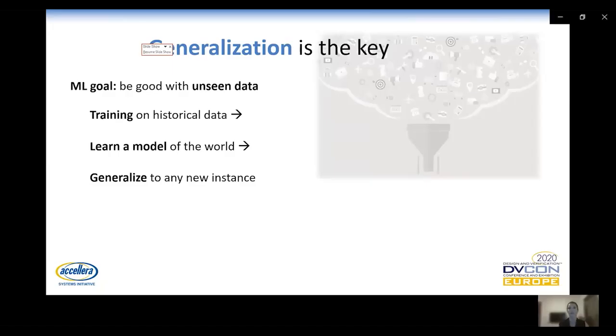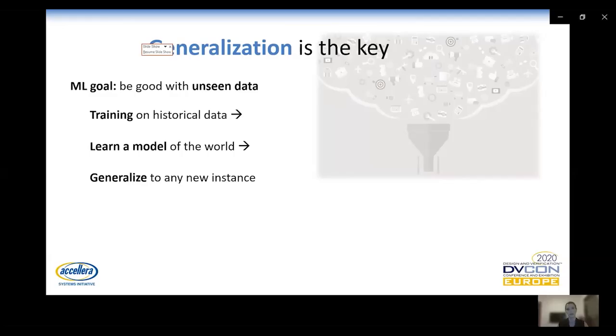What we need to be careful about is that we cannot be too specific on historical data, because then it will be too specific to the examples that the model has seen and won't be able to properly handle examples that have not been seen so far.